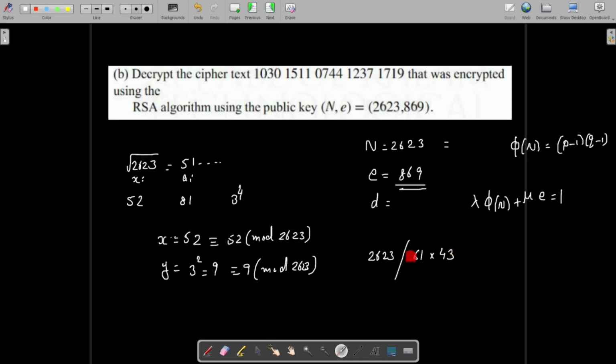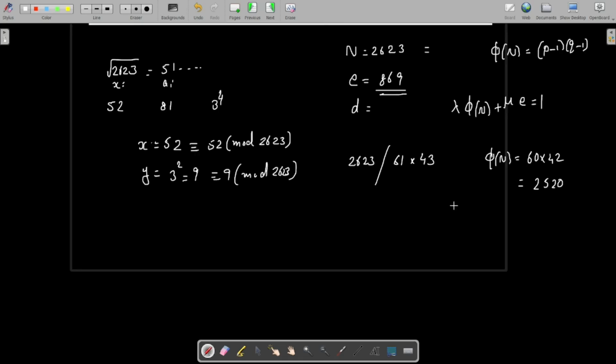Then with this fact in your hand, you can find phi of n now. Phi of n is equal to p minus 1 into q minus 1, that is 60 into 42, and you will get 2520. Now phi of n equal to 2520, so you have to find this lambda and mu such that lambda into 2520 plus mu into this E, 869, is equal to 1.